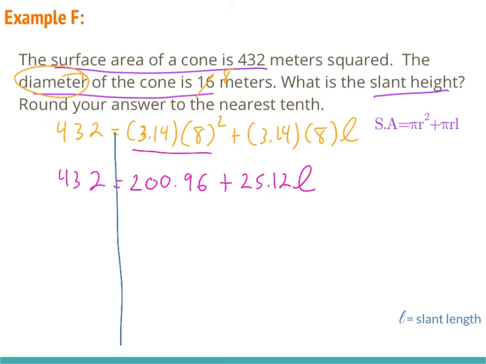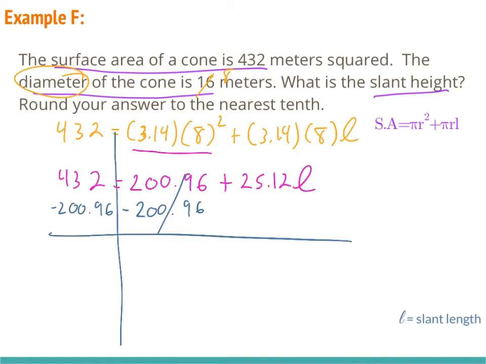So now we need to solve a two-step equation. The first step there is to get rid of my constant. So I'm going to subtract 200.96 from both sides. These are going to cancel. Bring down my 25.12 L. 432 minus our 200.96 is going to give us 231.04.